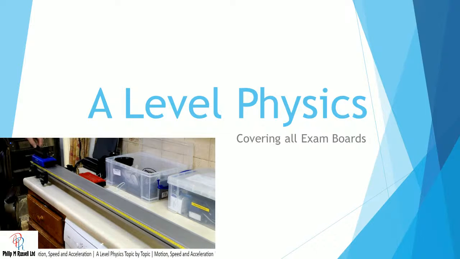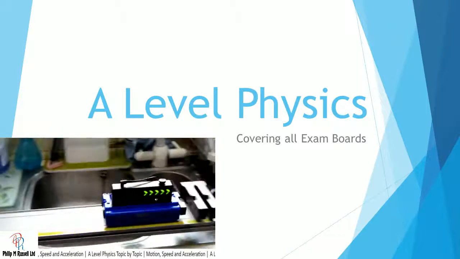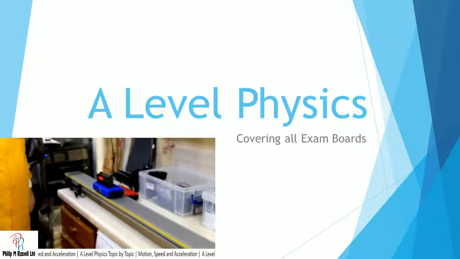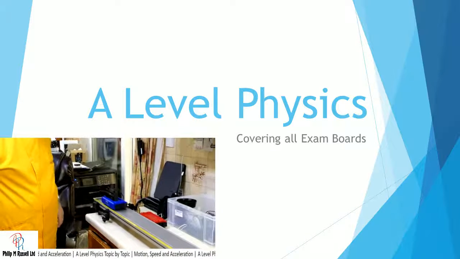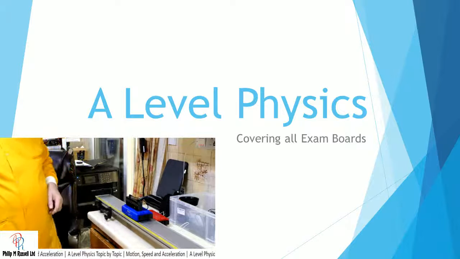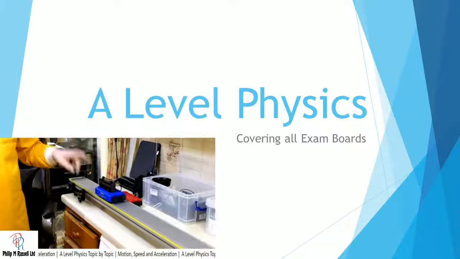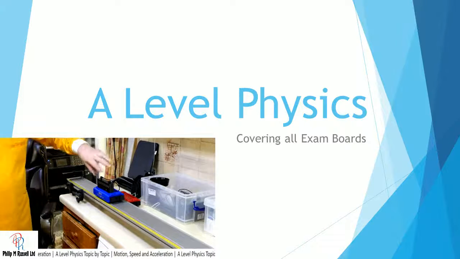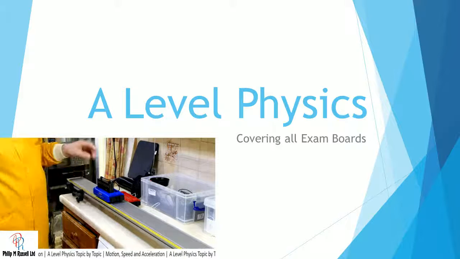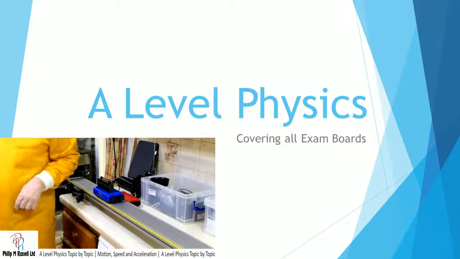So if I push this now, we can see that it will actually return. I'm going to try this experiment, but as well as watching visually, we can get the exact data sent to the computer.